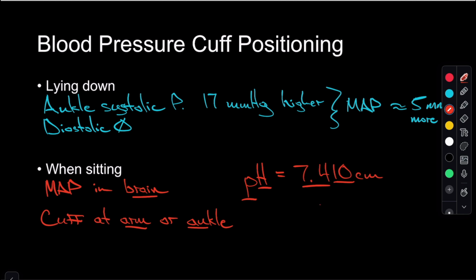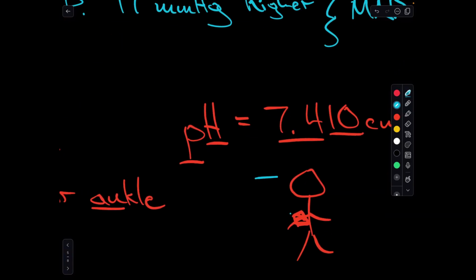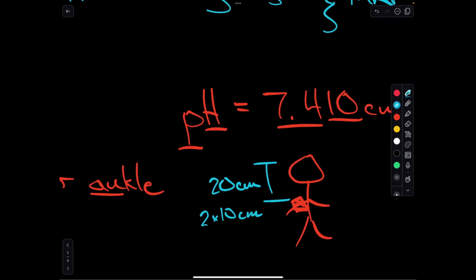To give an example, if you have the cuff around a patient's arm, so here's our patient, you have the cuff around his arm here, and then we'll say that this distance is 20 centimeters, then you would have a change of 2 times 10 centimeters. So your pressure difference would be 2 times 7.4 equals 14.8 millimeters of mercury less.